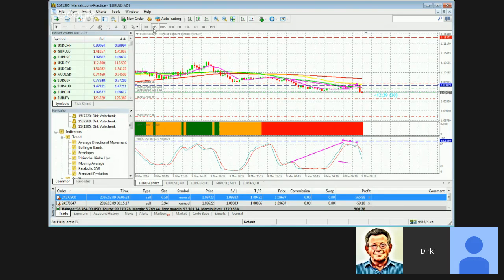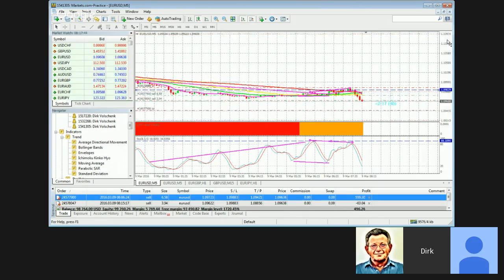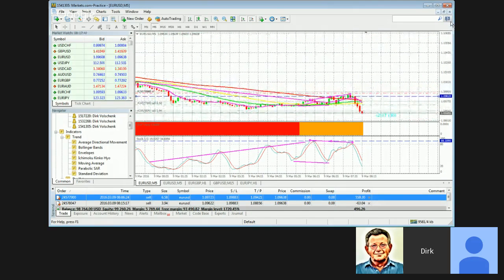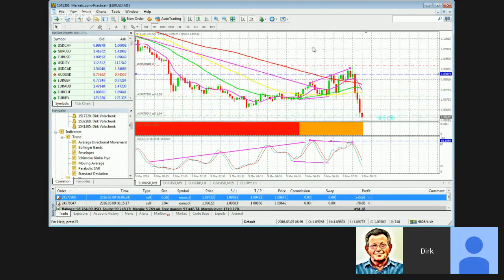Let's go and look at the 5 minute again. See what that's doing. Looks all okay. Good. Remember what I said as well. We expect this to go down, then come up, and then go down and hit the target. But so far, this is running very beautifully.